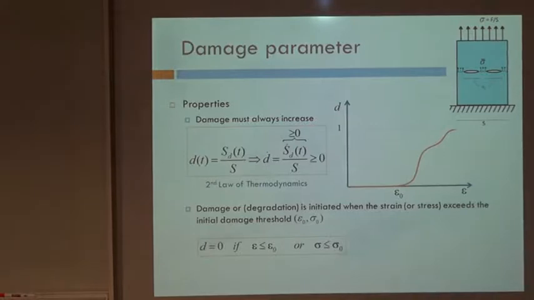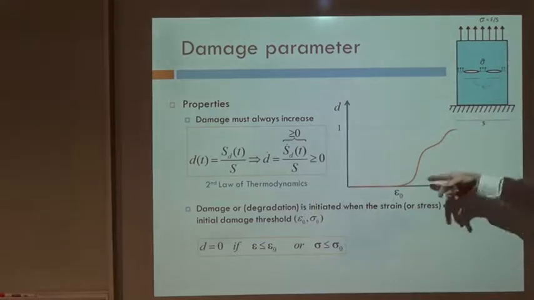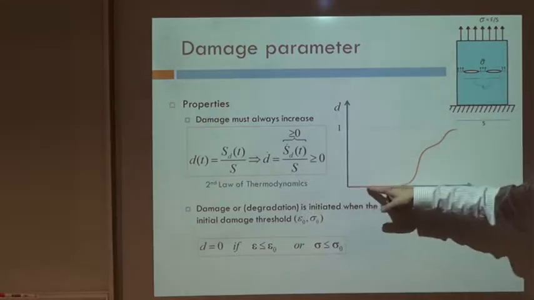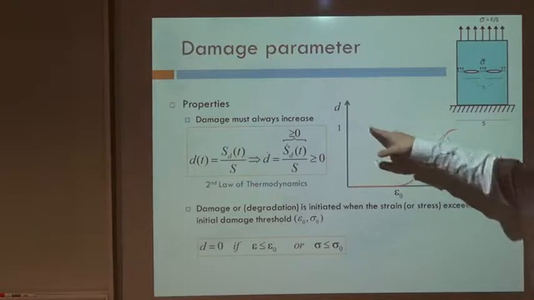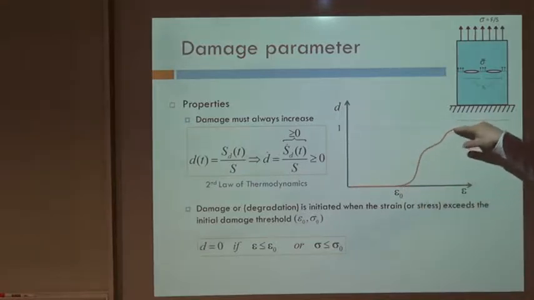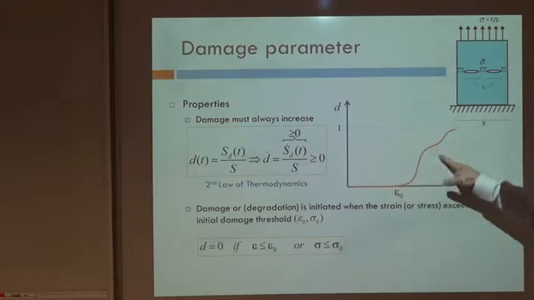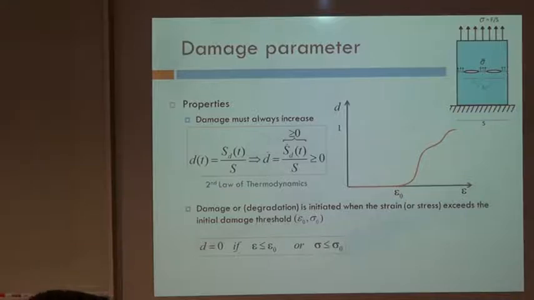So we can produce damage, increase it as long as we increase the strain, for instance. Damage which initially was 0, finally will be 1, but we can increase it in a continuum monotonic manner, never decreasing. It's not possible that this evolution of damage along time goes that way. Okay? We have to impose that.